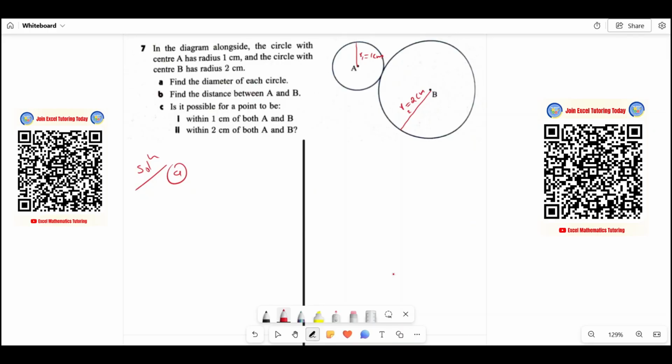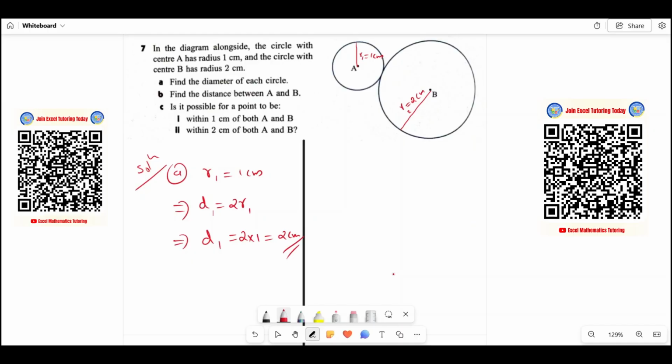The radius for the first circle is 1 centimeter. The formula connecting radius and diameter is diameter equals twice the radius. So for the first circle it is 2 multiplied by 1, that is 2 centimeter.